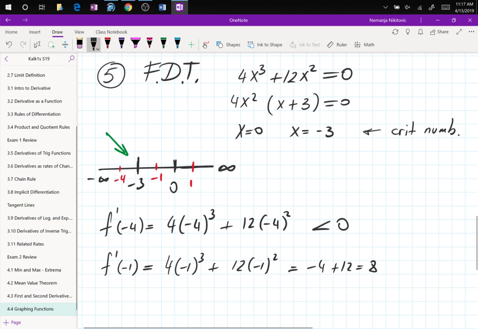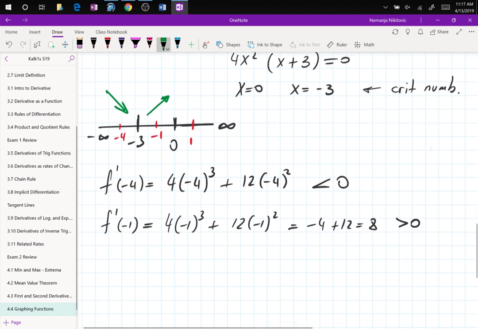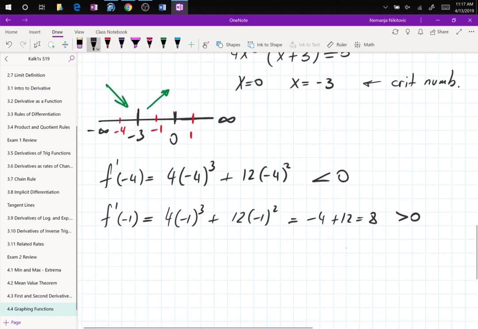Calculate 0, and we have increase. The last one is calculation at 1, which is 4 times 1 cubed plus 12 times 1 squared. That's all positive, right?